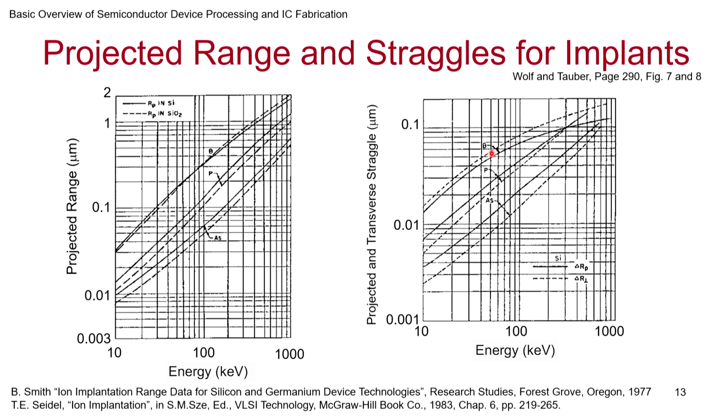On the other hand, for lighter ions, you find lateral straggle is actually more than the longitudinal straggle. This again has to do with electronic stopping being the primary mode of stopping. And you can see that for very high energies, even phosphorus starts becoming similar, because at very high energy we saw that electronic stopping will start taking over because the velocities are very high. So, electronic stopping will start playing a role.